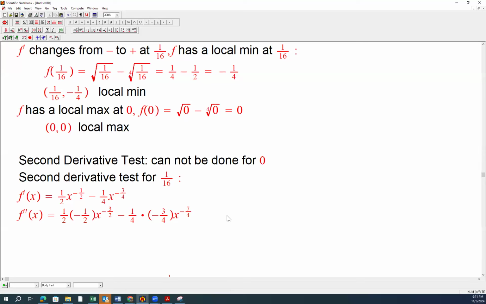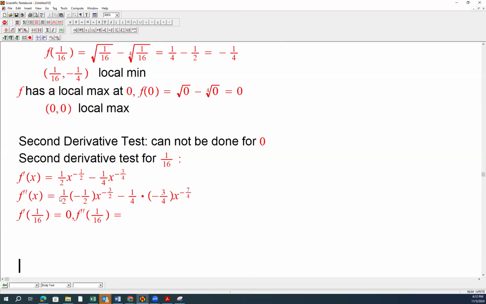Now we're going to apply the second derivative test for 1/16. Obviously, the first derivative at 1/16 is 0. We know that for sure. Secondly, we're going to test the second derivative at 1/16. What do we get? Let's organize this term a little bit.